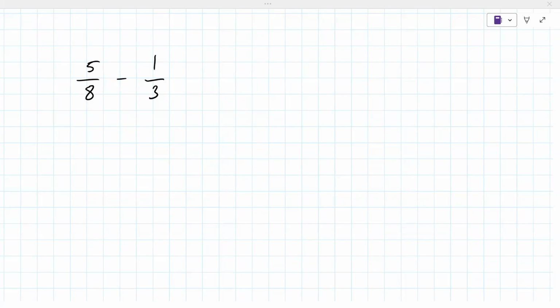8 times 1/3. Fractions are the ones where you have to make the bottoms the same.